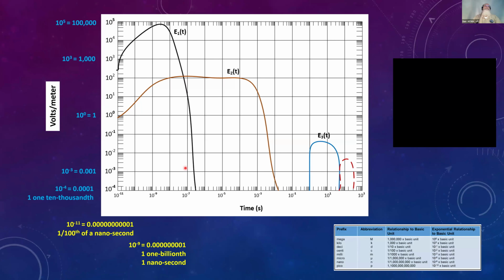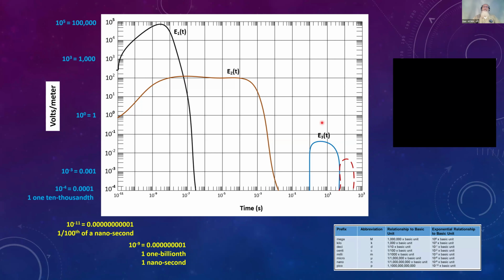And then you can see the E2 wave starts at the same time, but they intersect. It's not as powerful as the E1 wave, but we're still talking about 100 volts plus for a number of parts of a second, until we get to the 10 to the negative 3, which is a millisecond, I'm sorry.